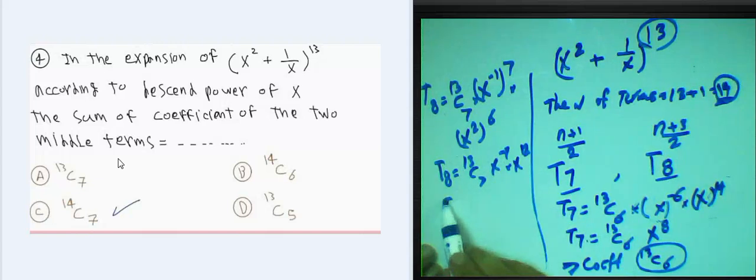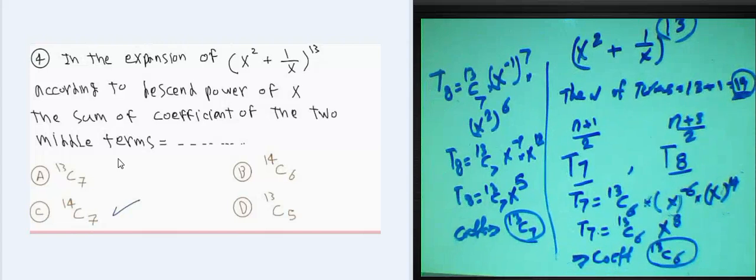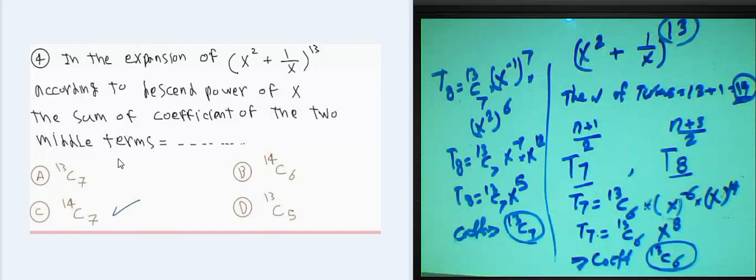You can simplify it: term 8 is 13 combination 7 times x^(12-7), which is x⁵. Then the coefficient will be 13 combination 7. Then in this example you want to find the sum of the coefficient of term 7 and the coefficient of term 8.